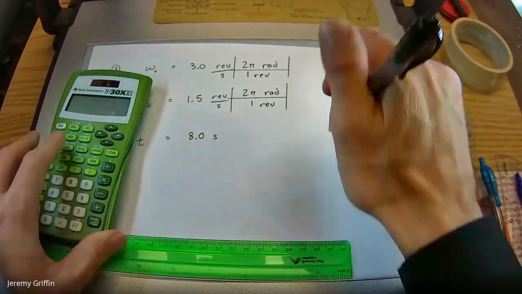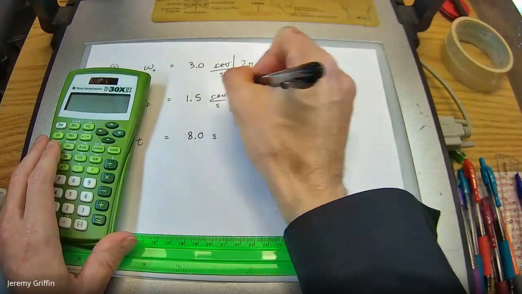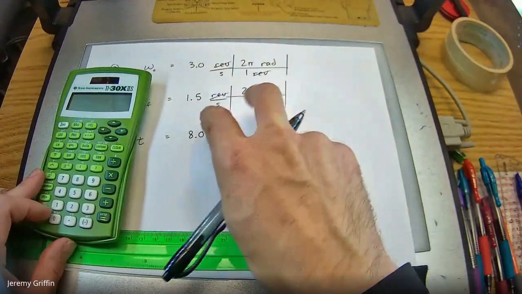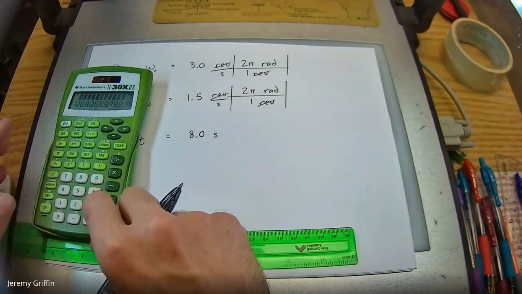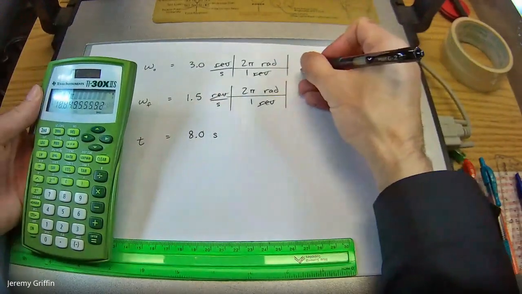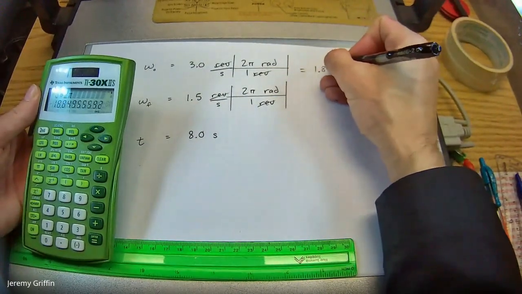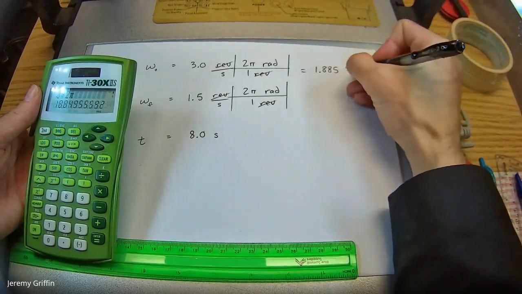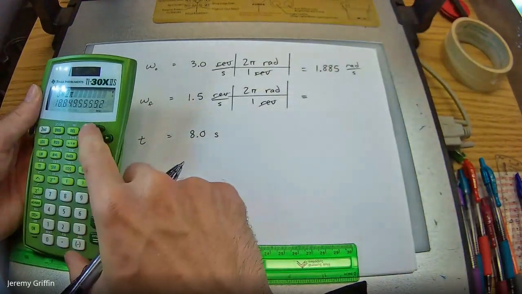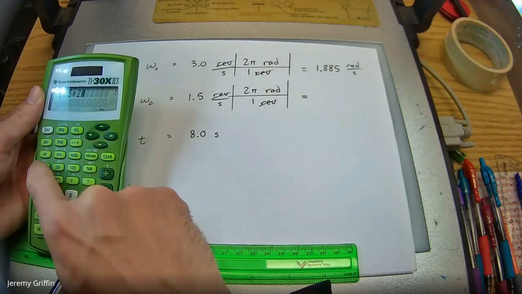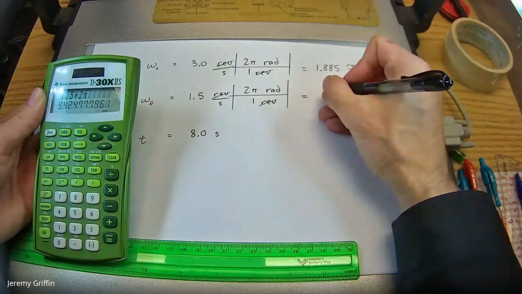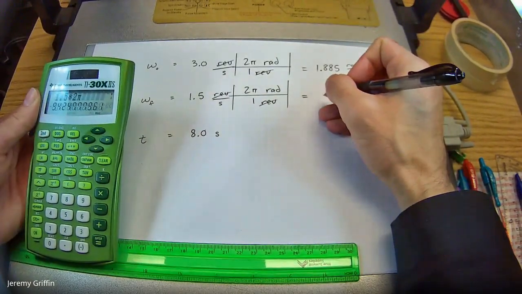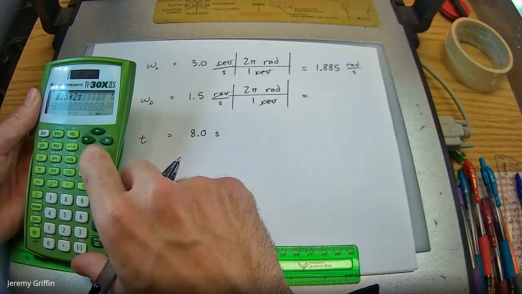So let's see how the revolutions cancel. Let's see how many radians per second each of these is. So I'm looking at this many radians per second. Oh, whoa, something just messed up.